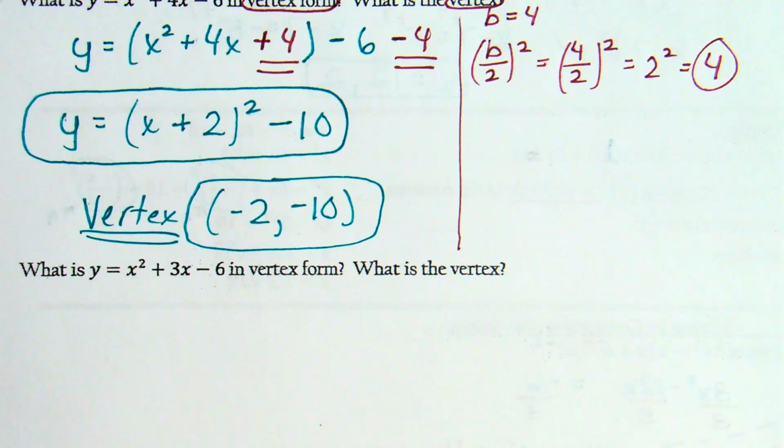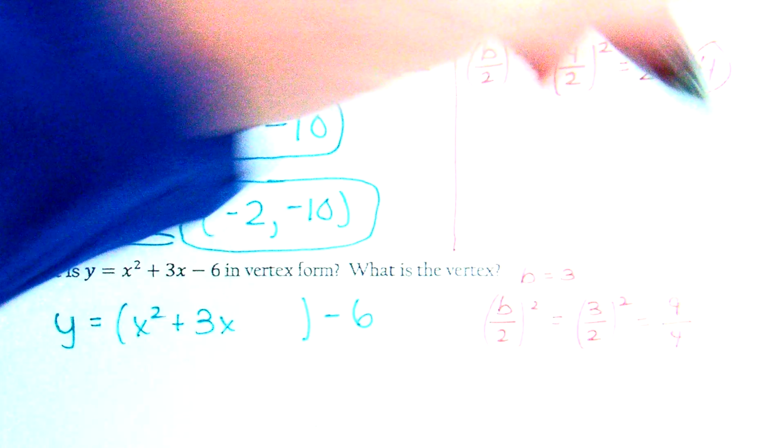Okay, yes, it's a fraction, but that does not make it difficult. 2 identical parentheses. X squared. What's the square root of x squared? X. What's the square root of 9/4? Square root of 9 is 3. Square root of 4 is 2.